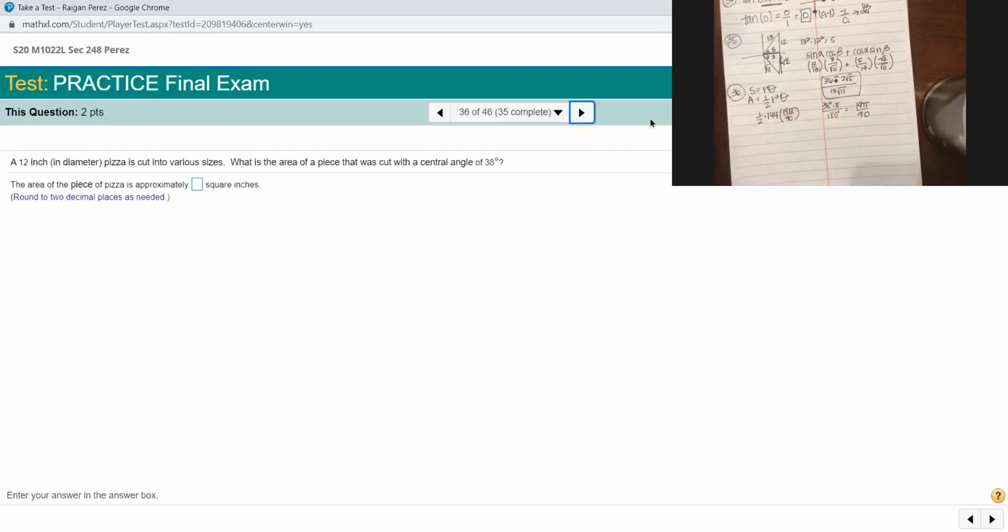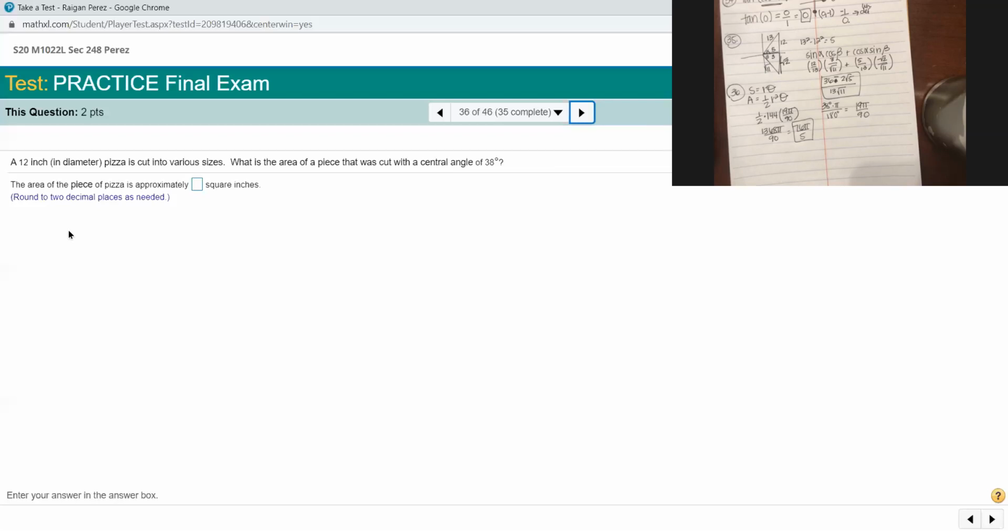So 144 divided by 2 is 72 times 19 is 1368 pi over 90. Let me see if that can be simplified. Yep, 76 pi over 5. So that's our answer.